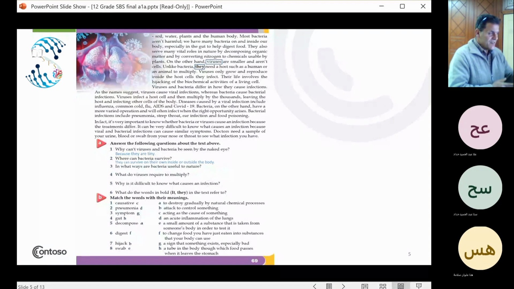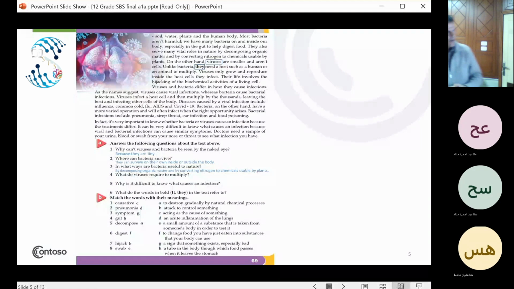In what ways means how. In what ways? It means the same as how. How are bacteria useful to nature? Let's check the answer. By decomposing organic matter and by converting nitrogen to chemicals usable by plants.